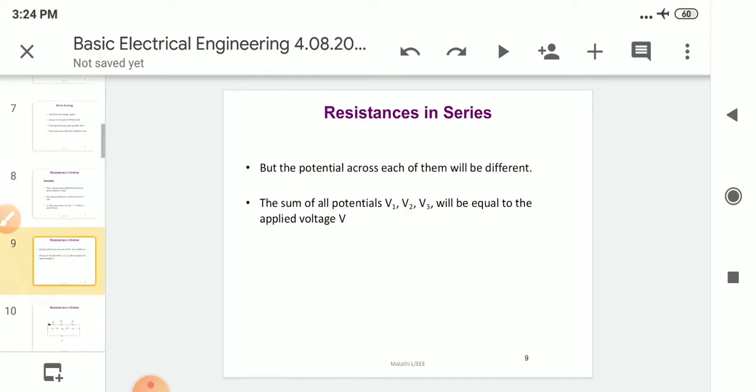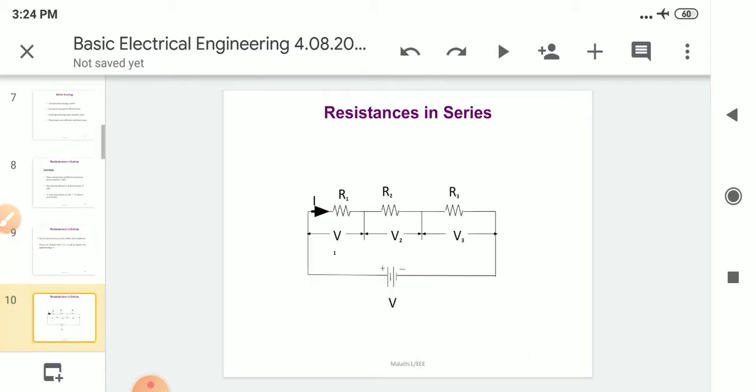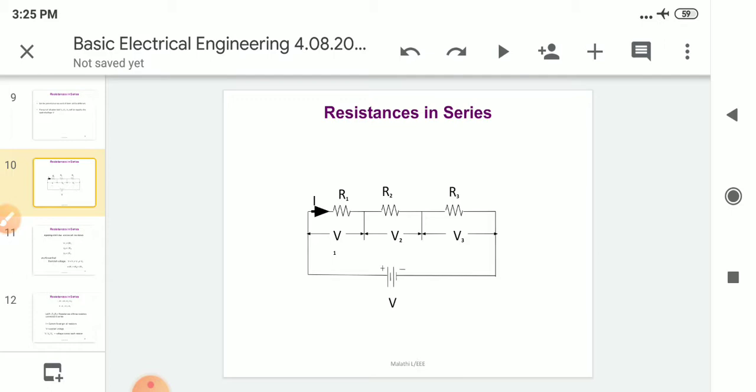Like that, here V1, V2, V3 will be the voltages across R1, R2, R3. A source V is applied to it. Capital V is equal to V1 plus V2 plus V3. Here only one single path is there for the current to flow.